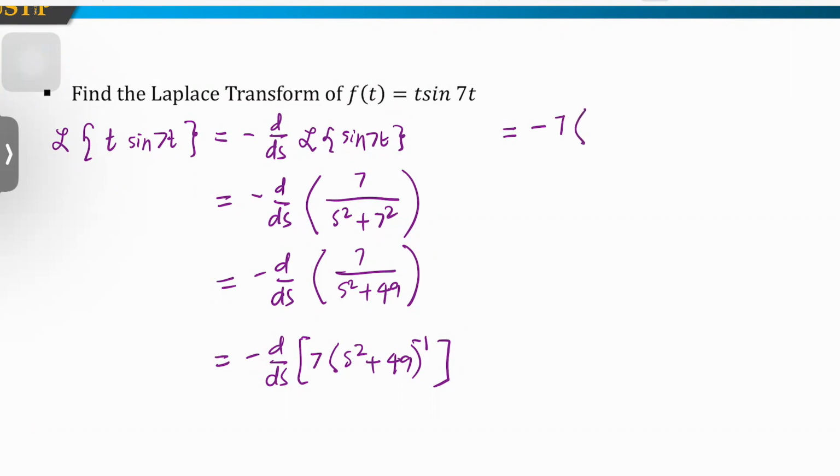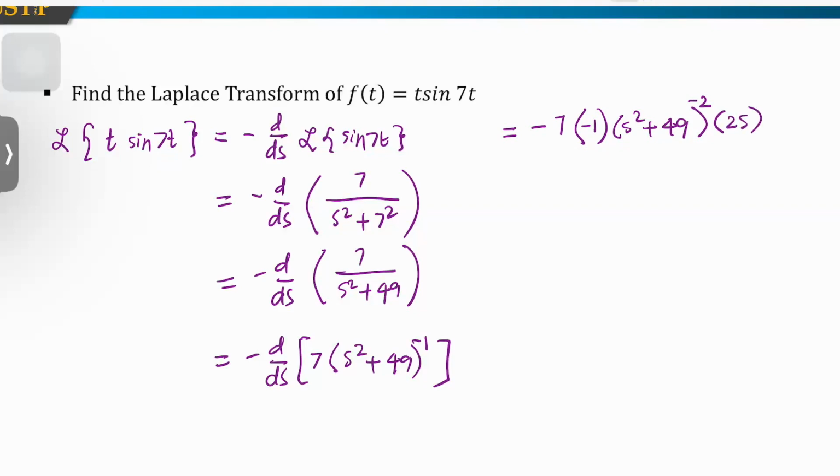So the derivative of s squared plus 49 raised to the negative 1, atong bring down ang negative 1, the exponent, and then copy the quantity s squared plus 49, no? And then what happens to the exponent? It will become negative 2 multiplied pagid class by the derivative of s squared plus 49, and that is 2s.